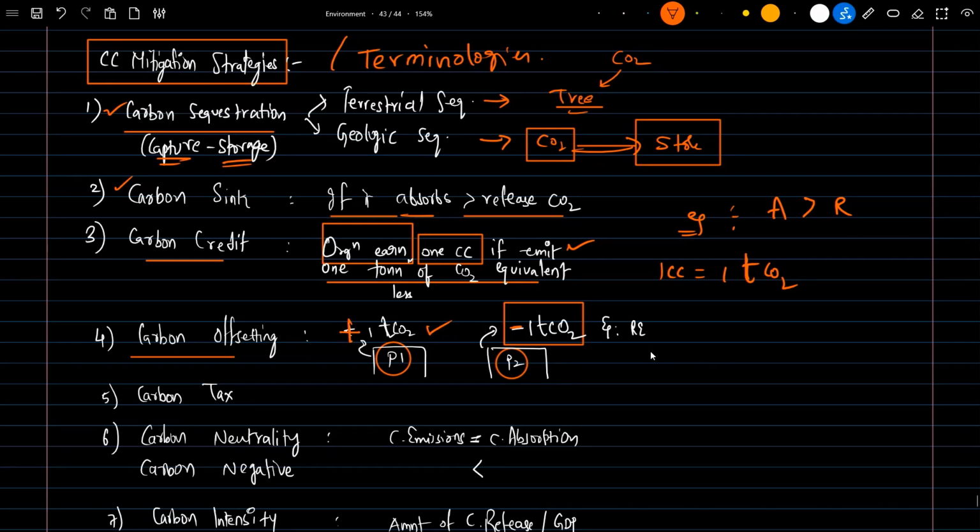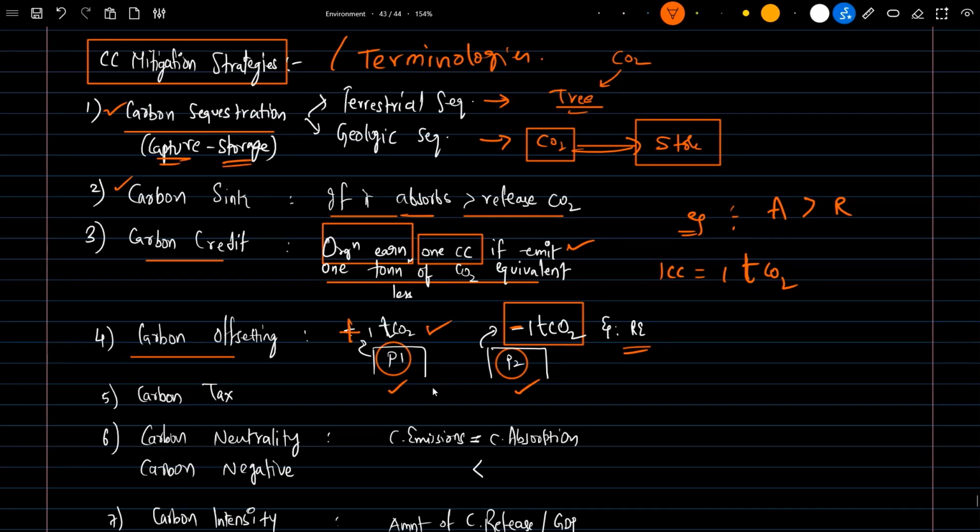How? Simply by installing solar power plants, so renewable energy. By investments in renewable energy, it can decrease the amount of CO2 that it emits. So this is called offsetting. Here in place one, you have released 1 ton CO2. In place two, we have avoided releasing or emitting 1 ton CO2.